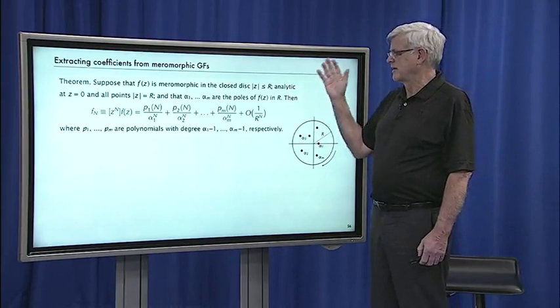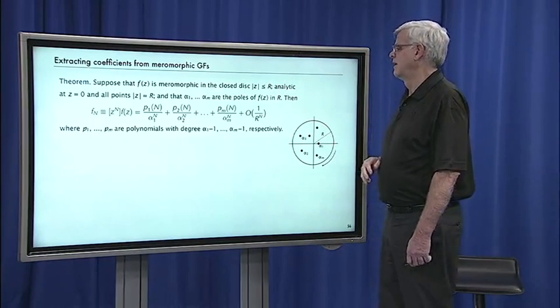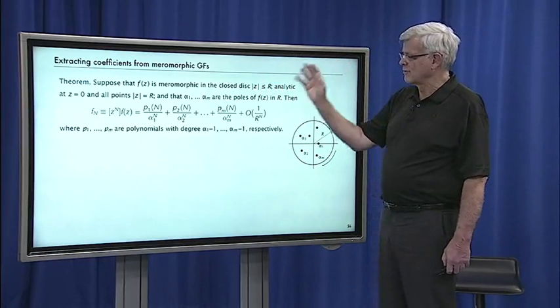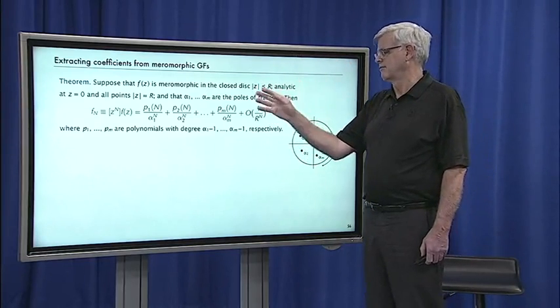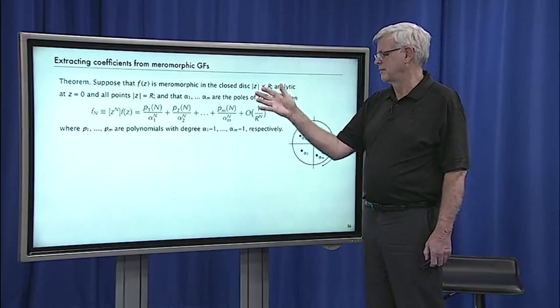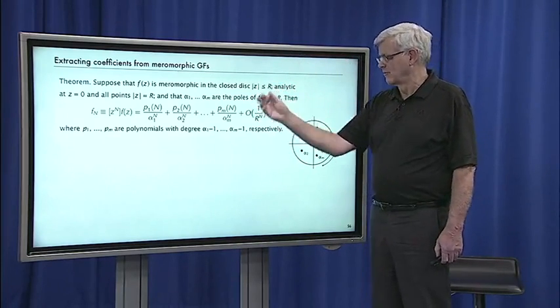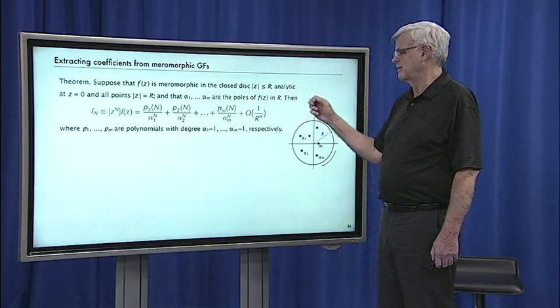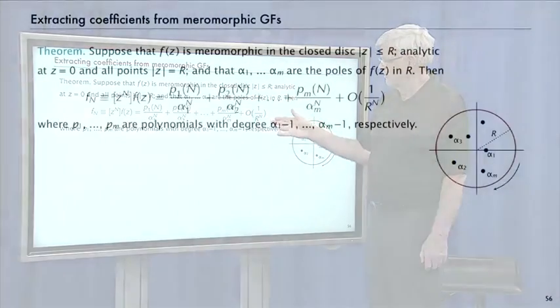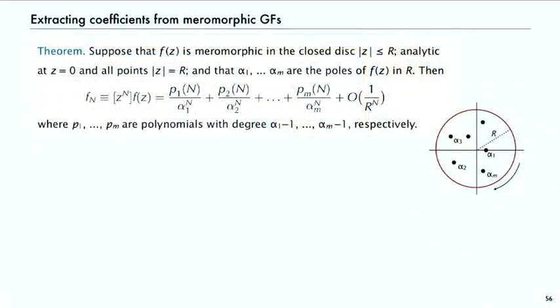So the theorem says if you have a meromorphic function and you know the poles, then the coefficients of the function is just polynomials over each pole to the nth power, where the degree of the polynomial has to do with the order of the pole.